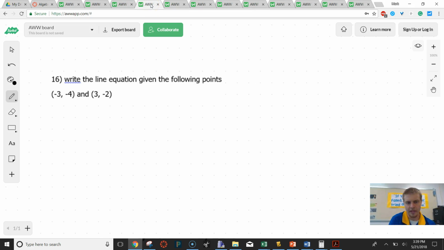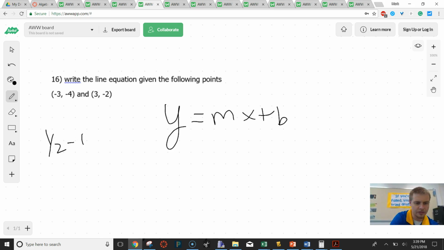Here, we want to write the line equation for these points. So if I have to write a line equation for these points, I know that's going to be y equals mx plus b. First, I'm going to find my slope. I'm going to find my slope by doing y2 minus y1 over x2 minus x1, because it's rise over run. So we're going to figure out our rise distance by figuring out how much up we go, and our run distance by how much over we go.